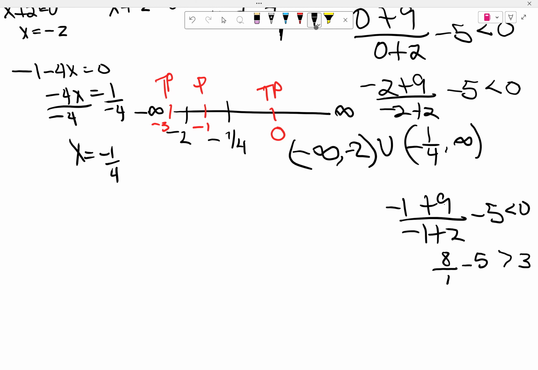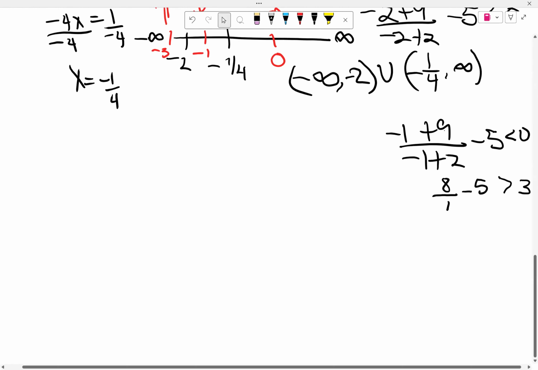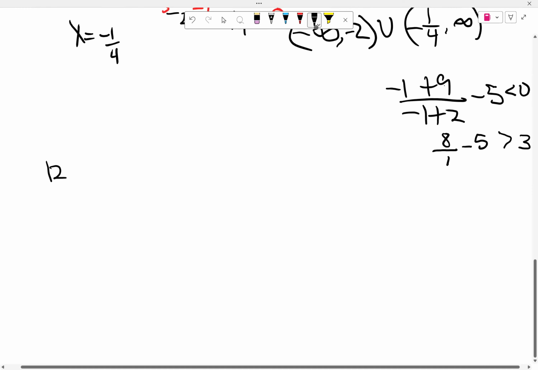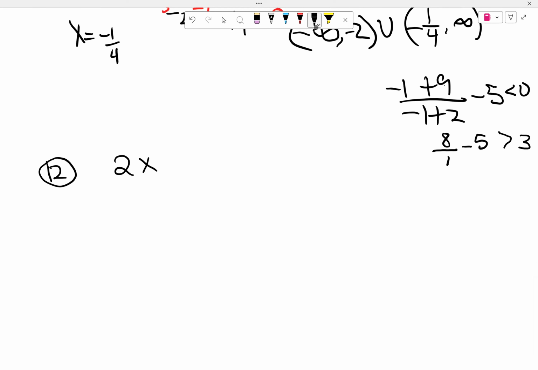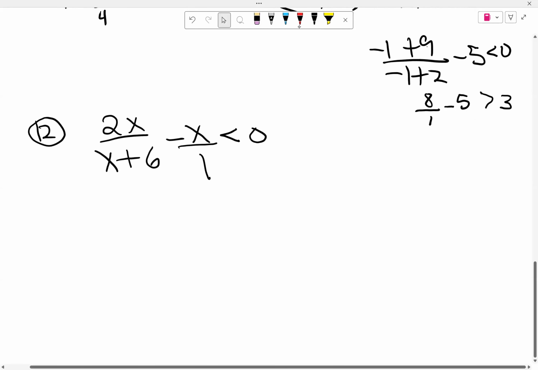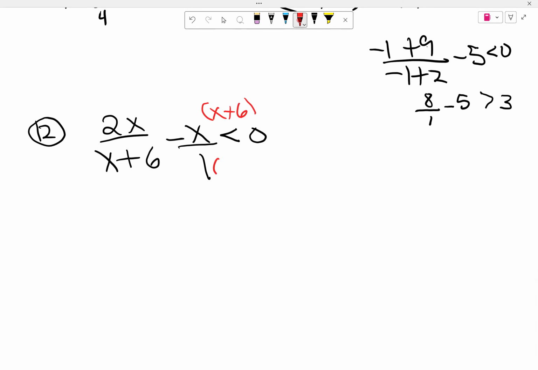Let's look at number 12. More of the same. You have 2x over x plus 6, and we're going to subtract the x, and this is now going to be less than 0. This is over 1. So we're going to multiply top and bottom by x plus 6, so your common denominator will become x plus 6.